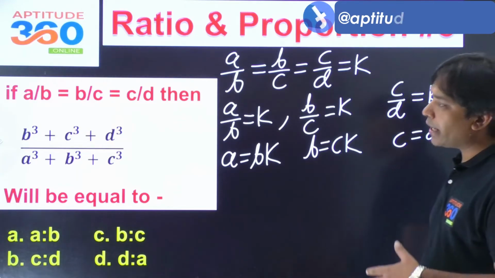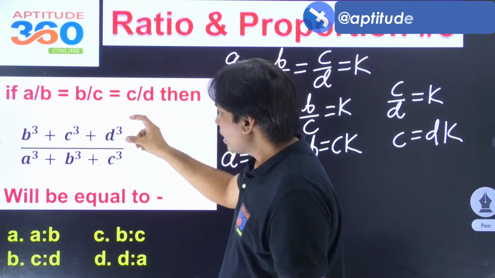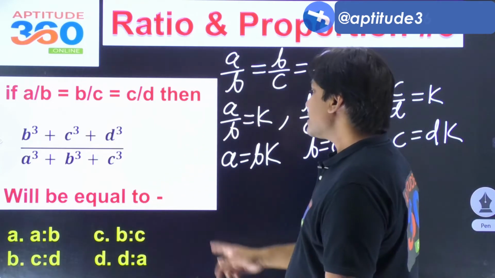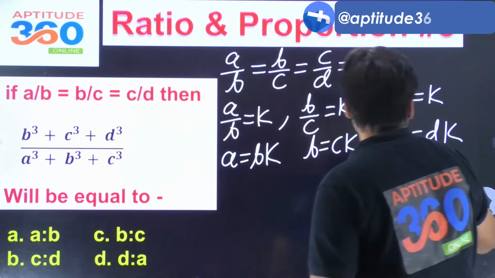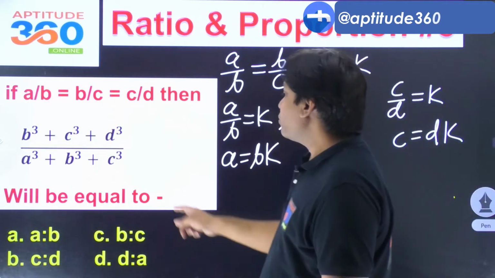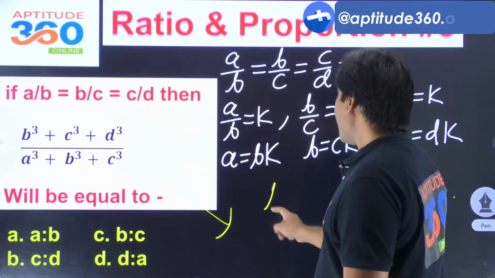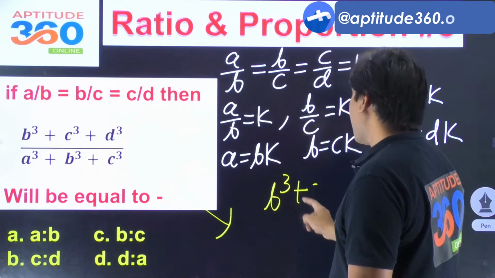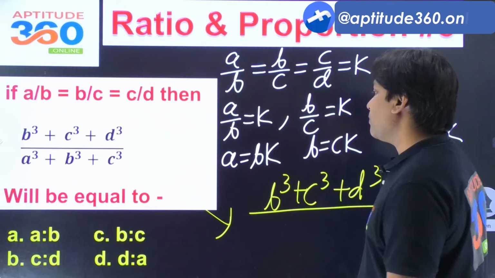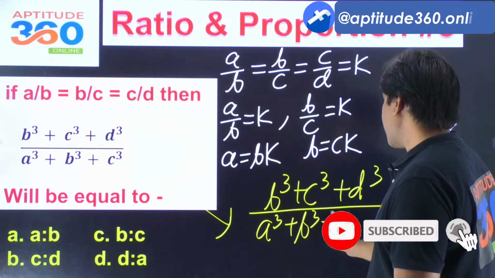So what is that I'm trying to do? I'm just trying to simplify things in such a way कि मेरा न्यूमरेटर और डिनोमिनेटर से कुछ टर्म्स मेरे कैंसिल हो जाए. अच्छा, वो कैंसिल करने के लिए अब मेरे को क्या करना पड़ेगा? ध्यान से देखना. Don't disturb the numerator. डिनोमिनेटर को डिस्टर्ब करते हैं, क्योंकि ये है b cube and then c cube and then d cube divided by you have got a cube plus b cube plus c cube.